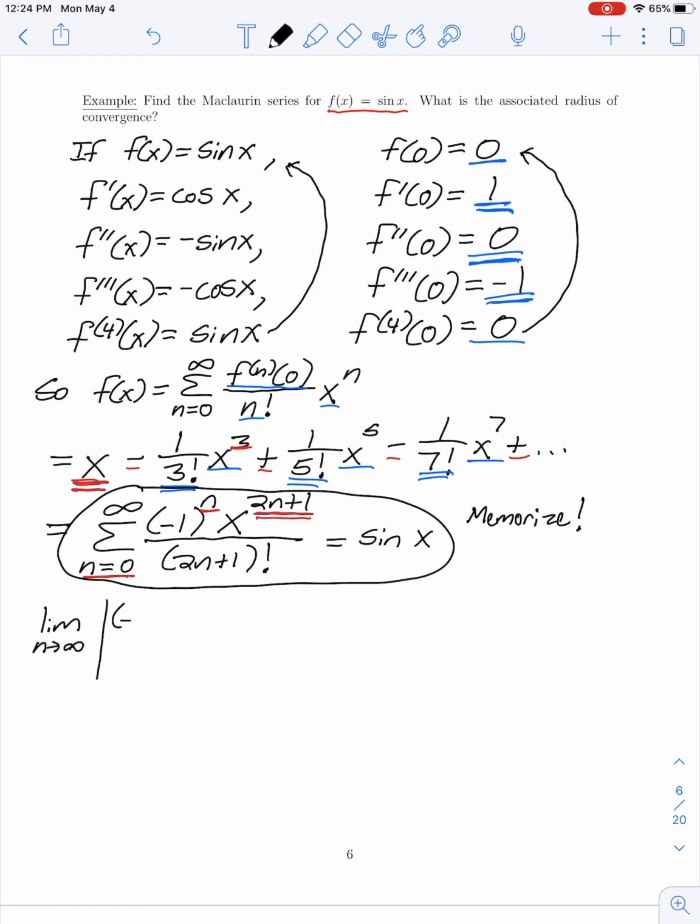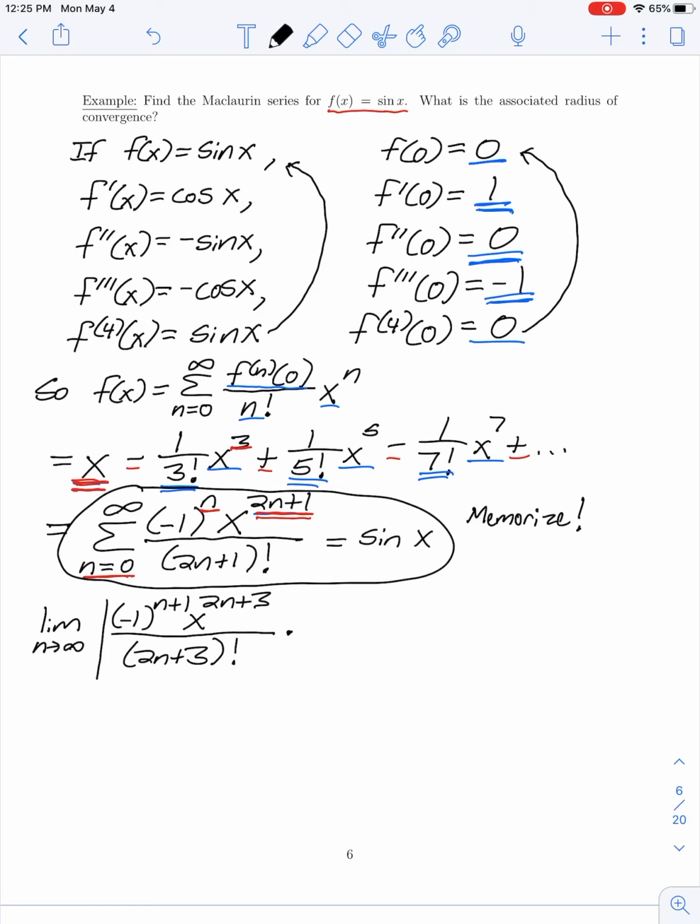So for the n plus 1 term, we have negative 1 to the n plus 1 times x to the 2n plus 3. When we replace our n by n plus 1 and distribute that 2, we have 2n plus 2 plus 1, or 2n plus 3 as our exponent, over 2n plus 3 factorial.